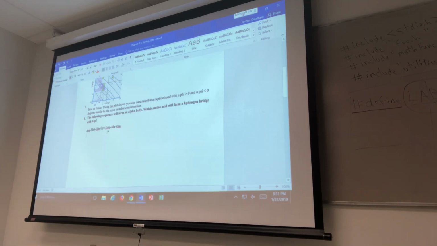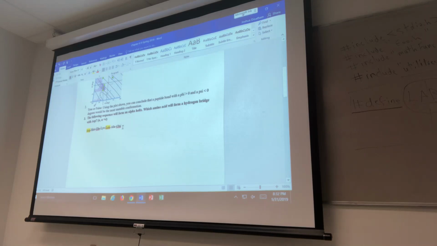It turns out that there's a rule regarding alpha helices, and it is called the N and N+4 rule, which is just another way of saying, when you look at, in this example, aspartic acid, make 4 hops, so 1, 2, 3, 4, and the 2 amino acids that will be hydrogen bonded together will be leucine and aspartic acid, okay?